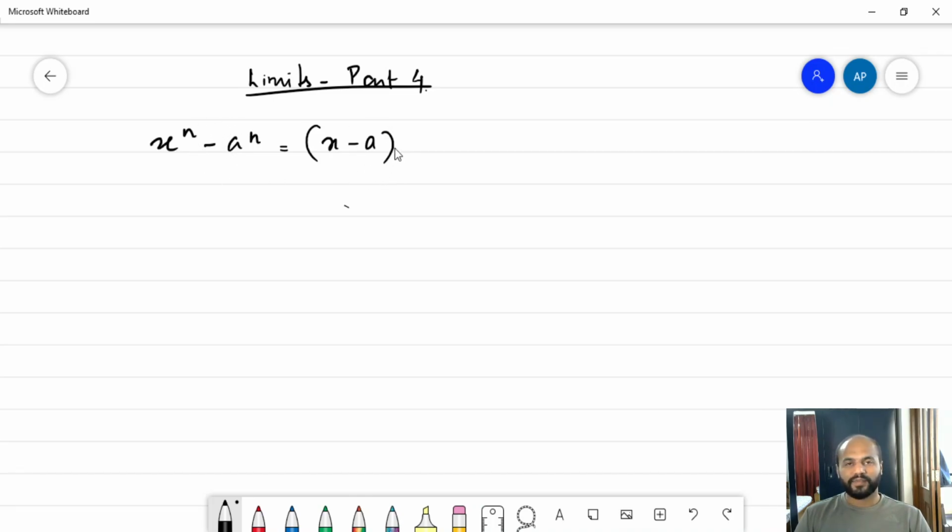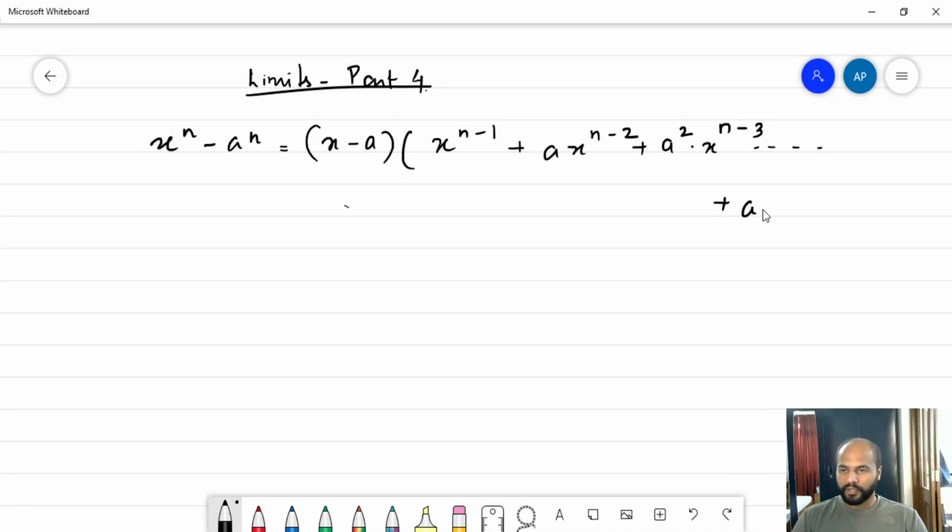So definitely x minus a is one of the factors, and this we can further write as x raised to n minus 1 plus a into x raised to n minus 2 plus a squared into x raised to n minus 3 and so on. This series continues, and it is going to be a raised to n minus 2 into x, and finally what we're going to get is a raised to n minus 1.